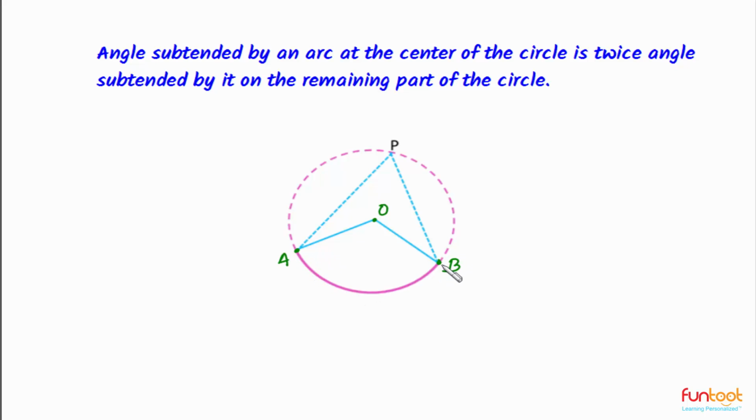This arc AB subtends at the center angle AOB and subtends angle APB on the remaining part of the circle. According to this property, the central angle is twice this angle which is subtended on the remaining part of the circle.